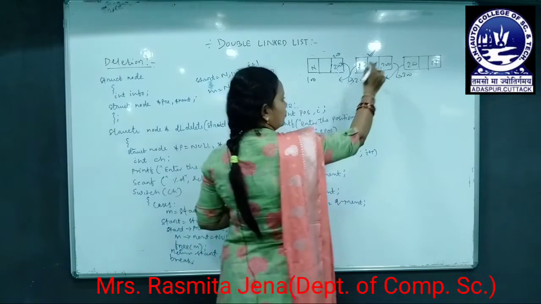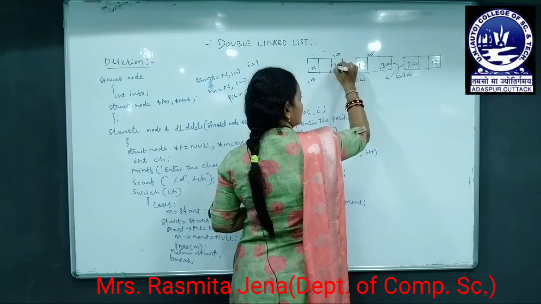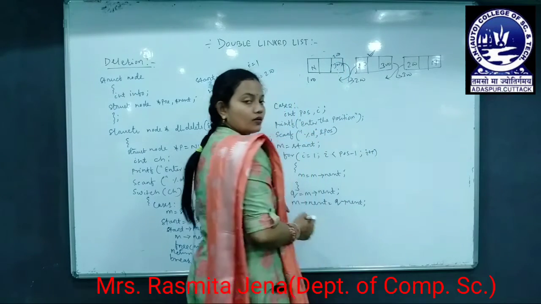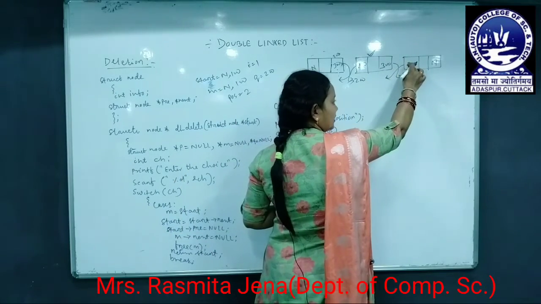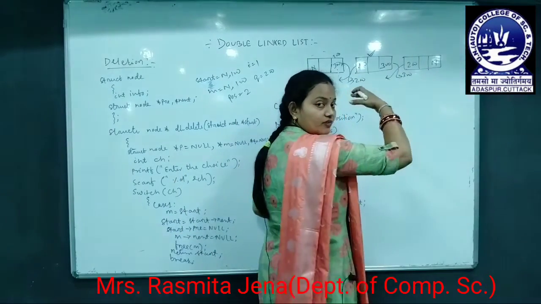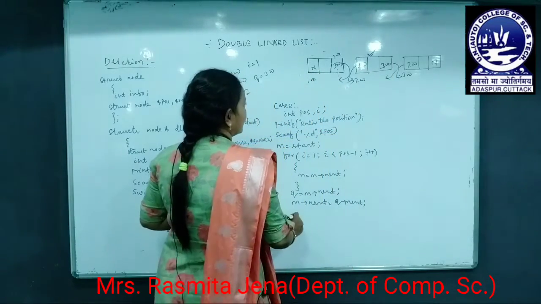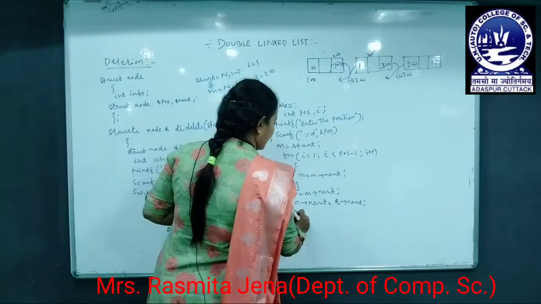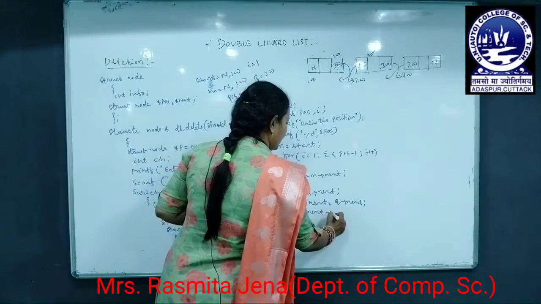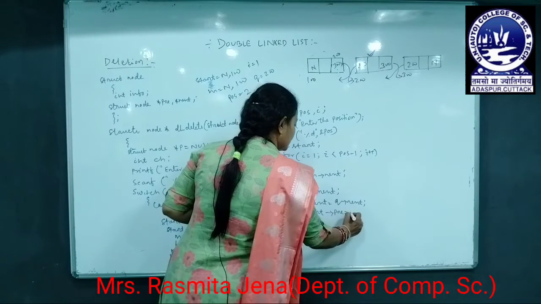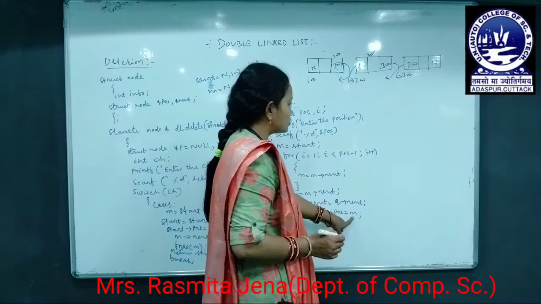So q next is 300, which will be stored at this location. And at this location I will store 100, because for a double linked list we need it for backward traversing. So I can write q next pre equals to m.